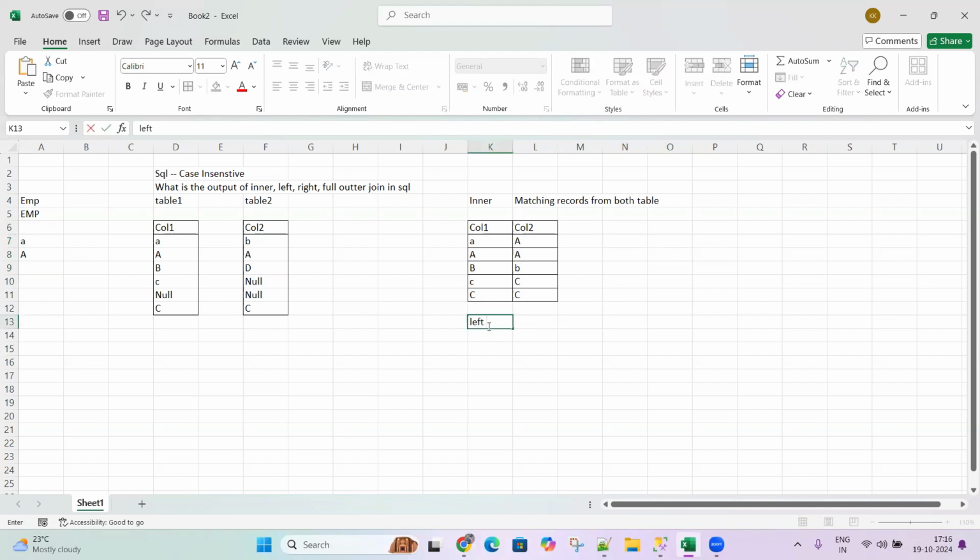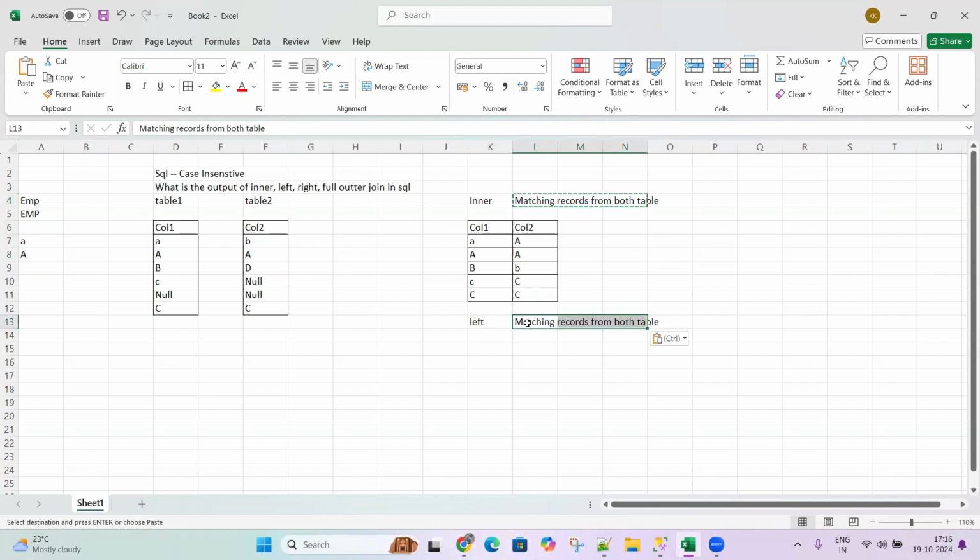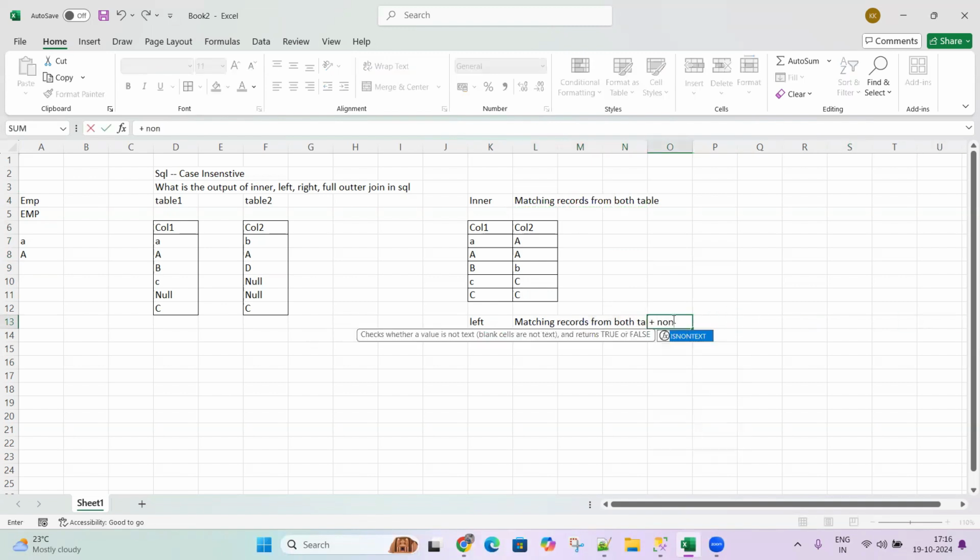So what is left outer join? Again, matching records from both, plus non-matching from the left side.